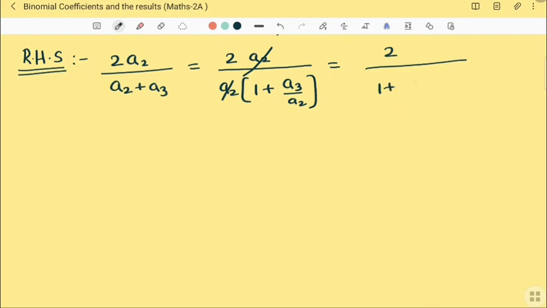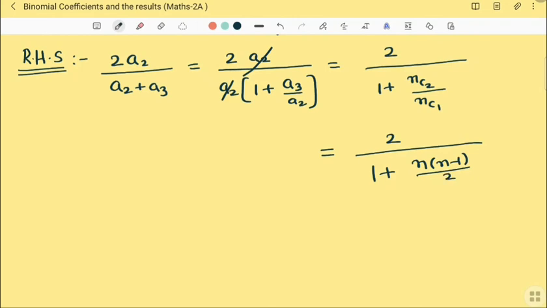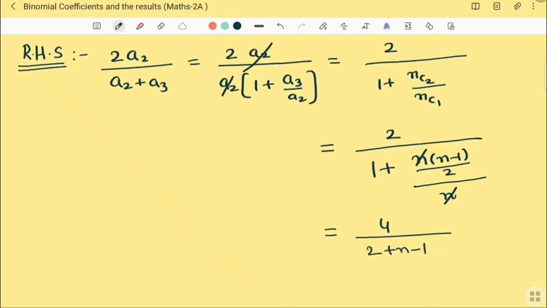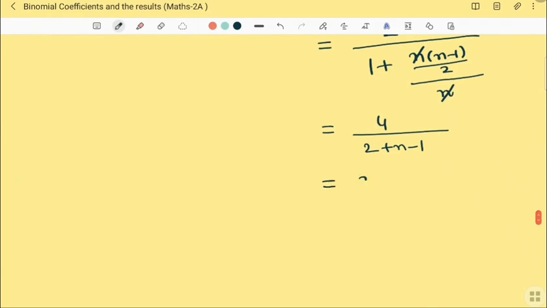What is the A3 value? nC2 by A2 means nC1. Now expand the values. 2 by 1 plus nC2, n into n minus 1 divided by 2 factorial, by nC1 means n. So here n gets cancelled. After taking LCM, 2 by 2 plus n minus 1. So if you simplify this, you will get 2 by n plus 1.